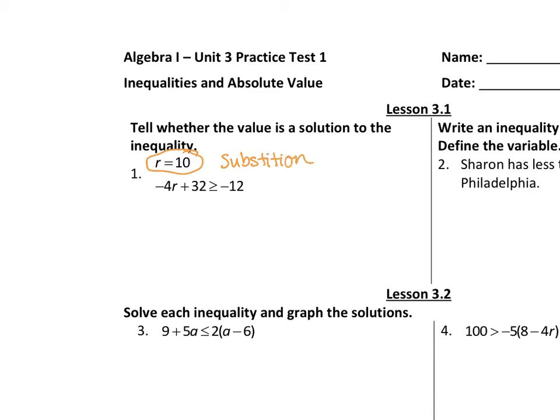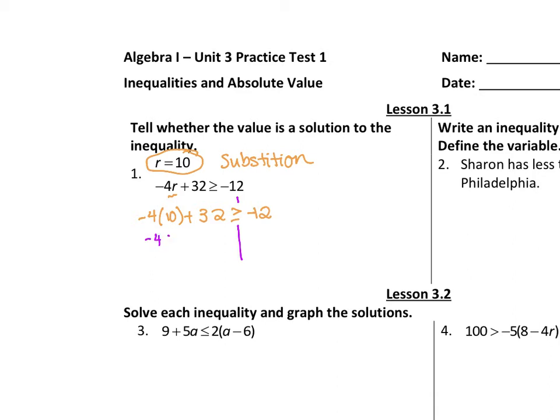So we're just going to substitute here. Right here where there's that r, we're going to replace that with the 10. So you can see I have negative 4 times 10 plus 32. Also, you could even draw your line down it. We're not going to solve here, but just so you can see the two sides of the inequality, that might help you out.